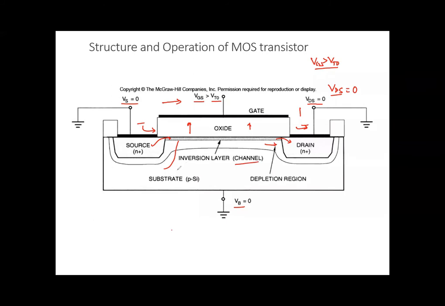This moment is also called inversion, and channel inversion happens because this is a p-type substrate. Normally, we do not assume that electrons are there, but we are applying an electric field. So under the influence of the electric field, the electrons from the substrate will try to make a channel over here.